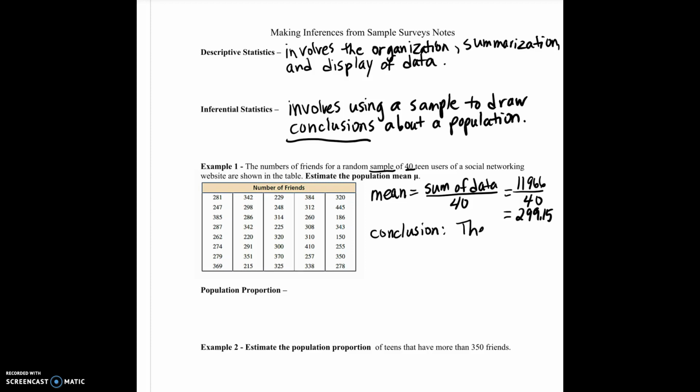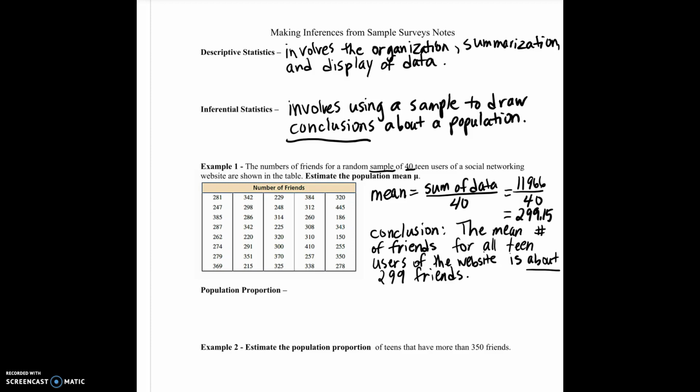So the mean number of friends for all teen users of the website is about 299.